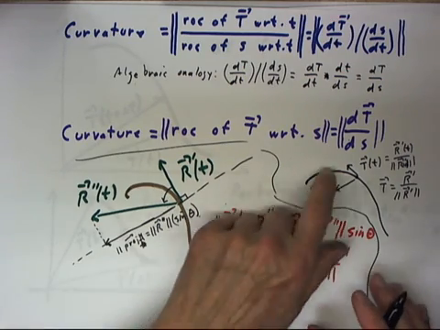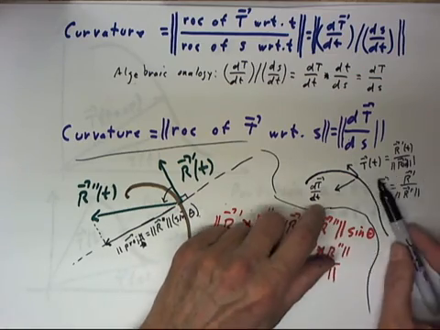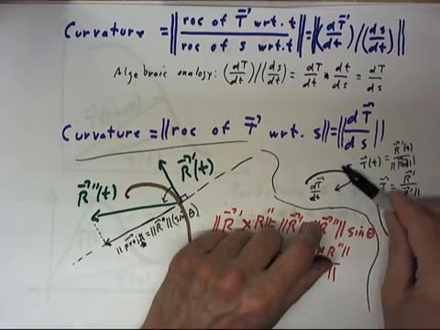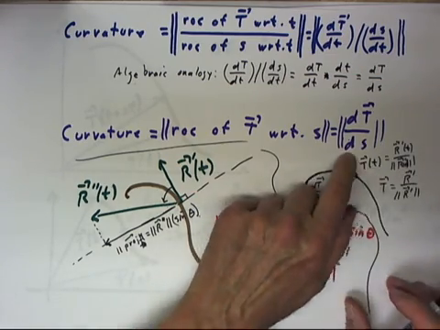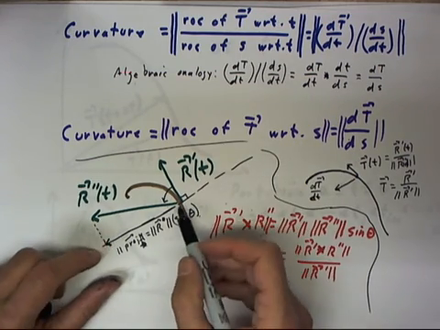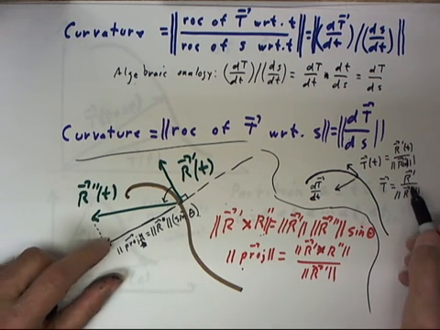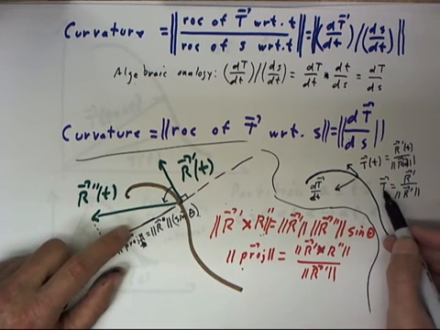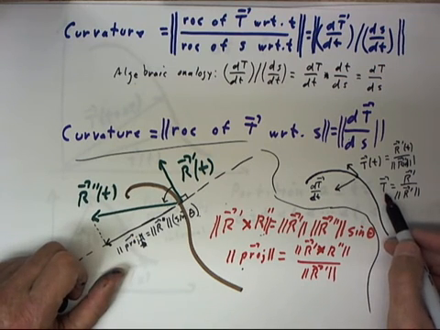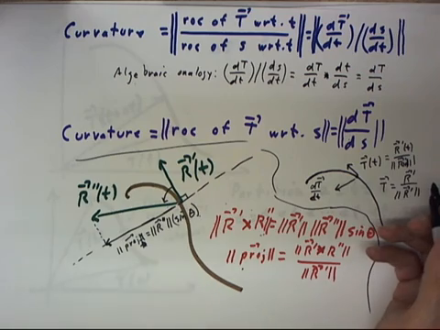And the rate at which our position changes as we move along the curve is itself nothing but r prime. So if we divide this projection by r prime, we get the rate of change of the unit tangent vector, T, with respect to t.